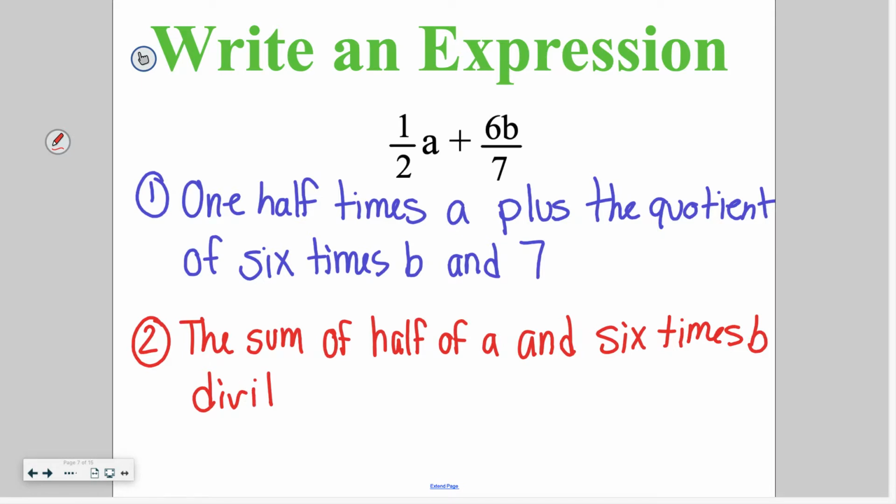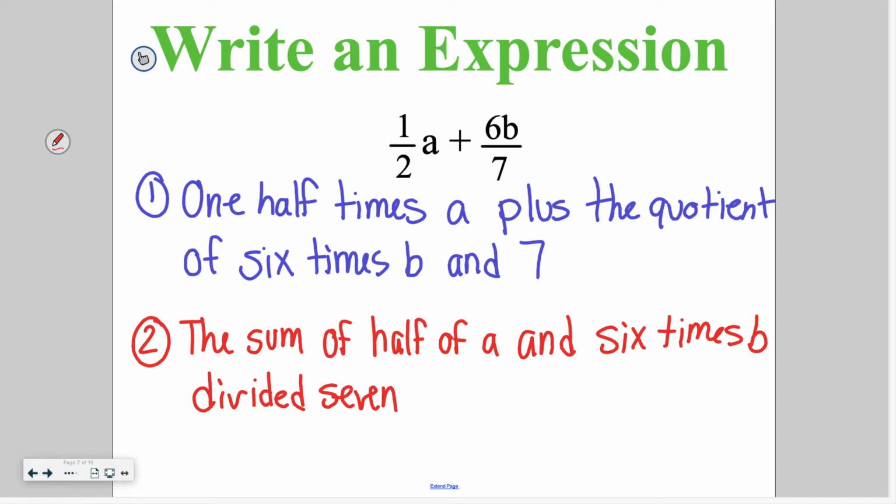Again, these are not the only two phrases that you could use to write out this expression. When you are asked to do this on homework or on a test, I only need you to write one sentence. I'm giving you a couple different options.